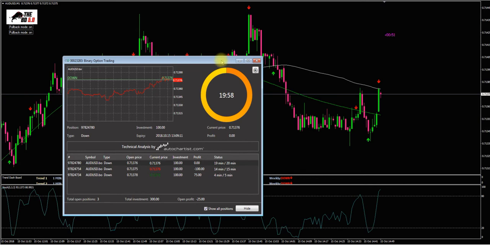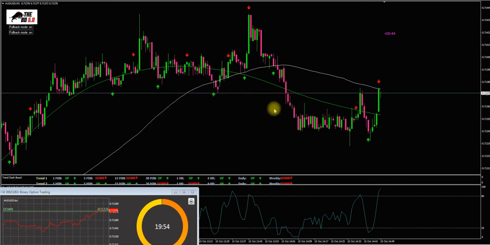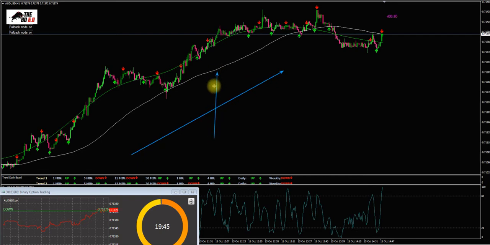Okay. So let's just explain why I got into a trade here. If we zoom out, we can see the bigger picture. We can see an uptrend. Remember, white line on bottom, cool trades. We can see at the top here, we had a crossover in zone.